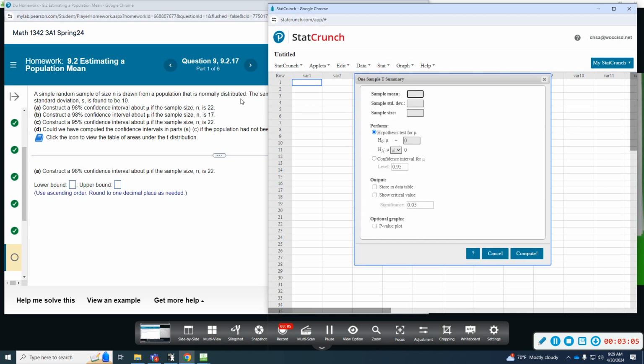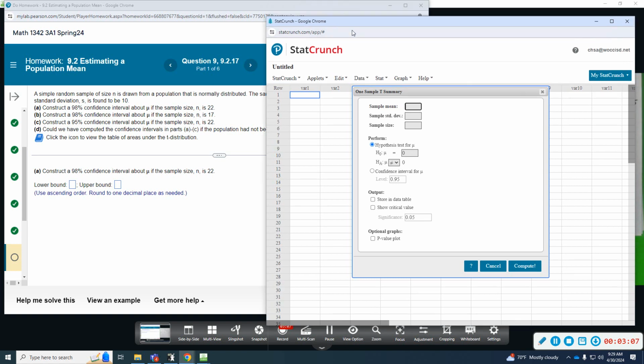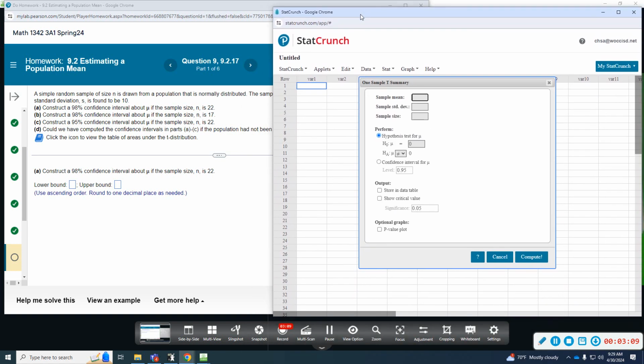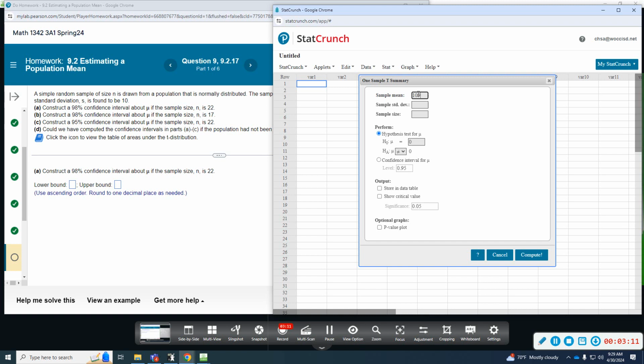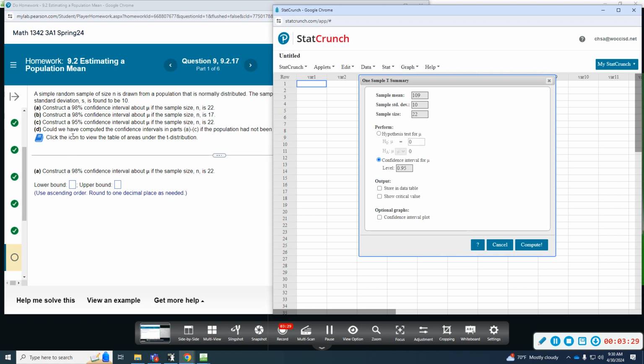The sample mean is 109, sample standard deviation is 10, sample size for the first one is 22, and then we want a confidence interval, 98%, so we're going to change this to 98, and then that's it.